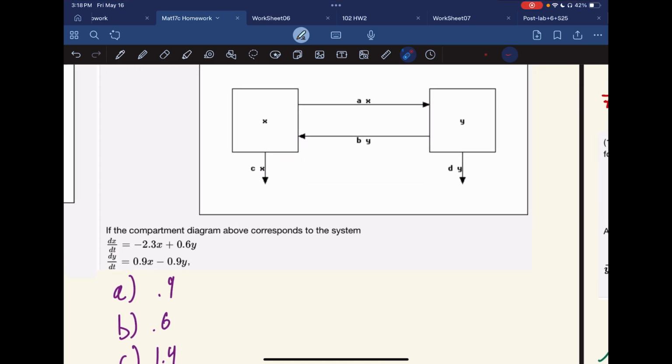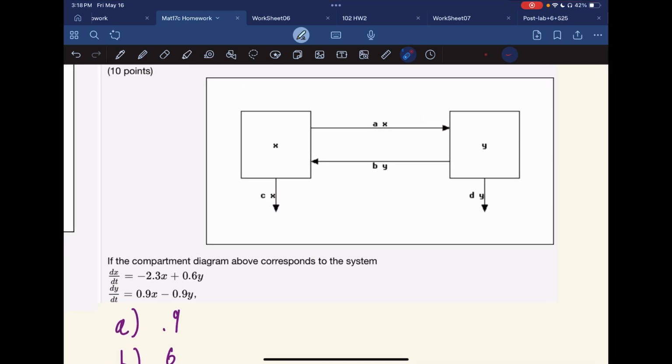So we repeat the same process. We have a, b here in the middle. We have dx of dt, and dx of dt only has one y. So that means if we look at the formula for y, it has to be 0.6. Likewise, for a, it has to be, where'd it go?